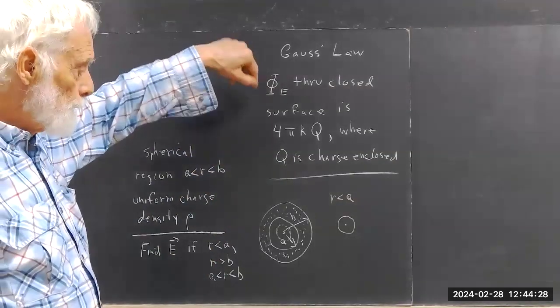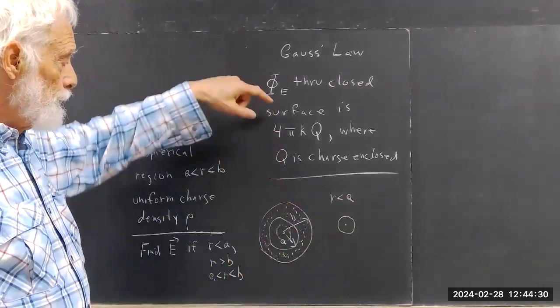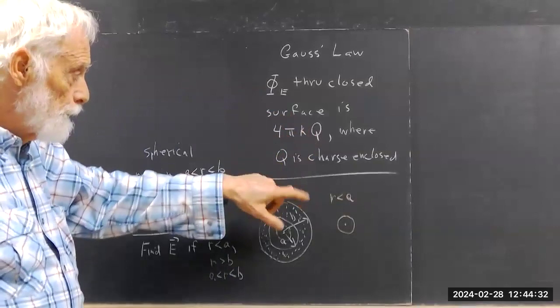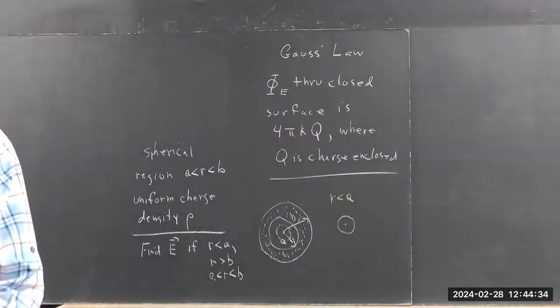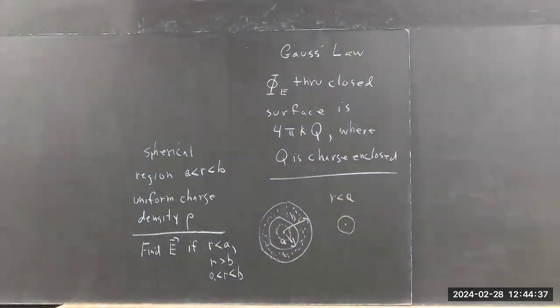The flux through the closed surface is 4 pi k Q, where Q is the charge enclosed. So what would you want to tell me about the electric field?